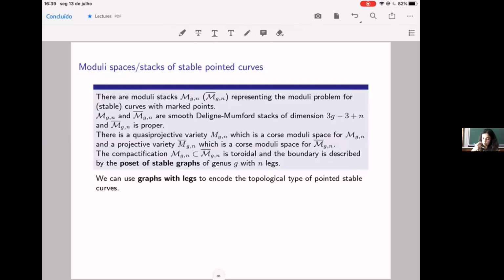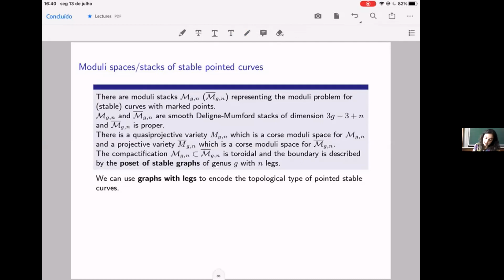So there are moduli stacks representing the moduli problem for stable curves with marked points or not. And these are smooth Deligne-Mumford stacks of dimension 3g minus 3 plus n. The compactification is proper.